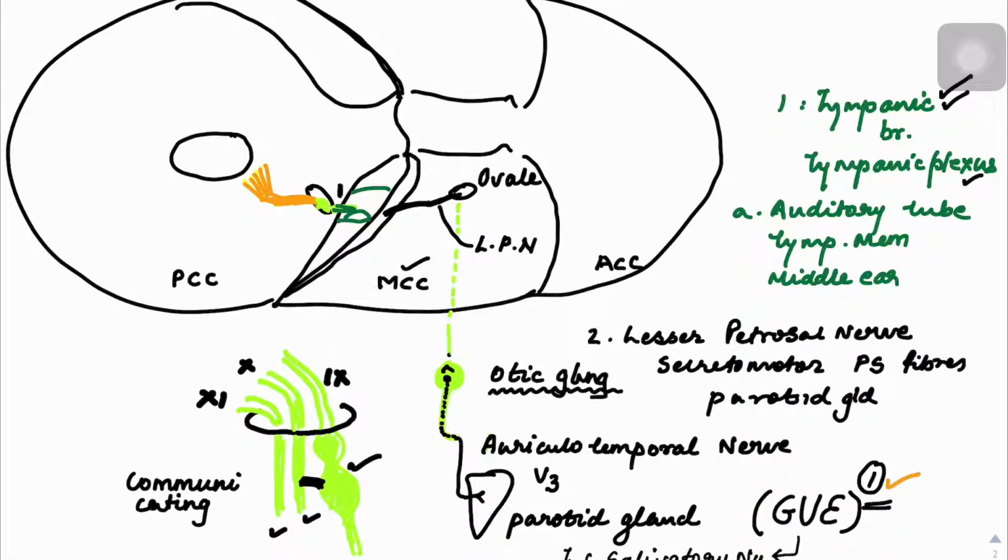From there it will give out the lesser petrosal nerve, which will come out from the roof, enter into the foramen ovale and then reach the otic ganglion. From there it will take the help of the fifth cranial nerve, that is the mandibular division of the trigeminal nerve, auriculotemporal branch, and then reach the parotid gland, which will increase or control the secretion of the parotid gland.